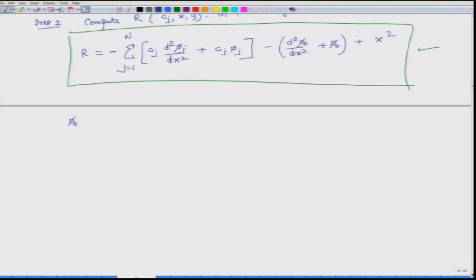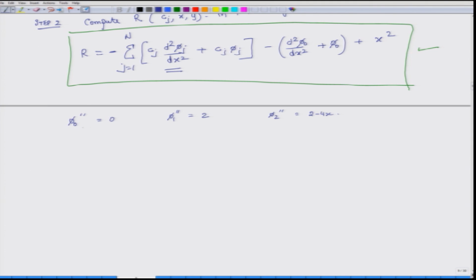So, that is my definition of residue, and at this stage I compute the second derivative of phi naught, and phi naught was x, so its second derivative is 0. Then I compute the second derivative of phi 1, because here I have to have second derivative terms. So, this is equal to 2, and then the second derivative of phi 2 is equal to 2 minus 4x.